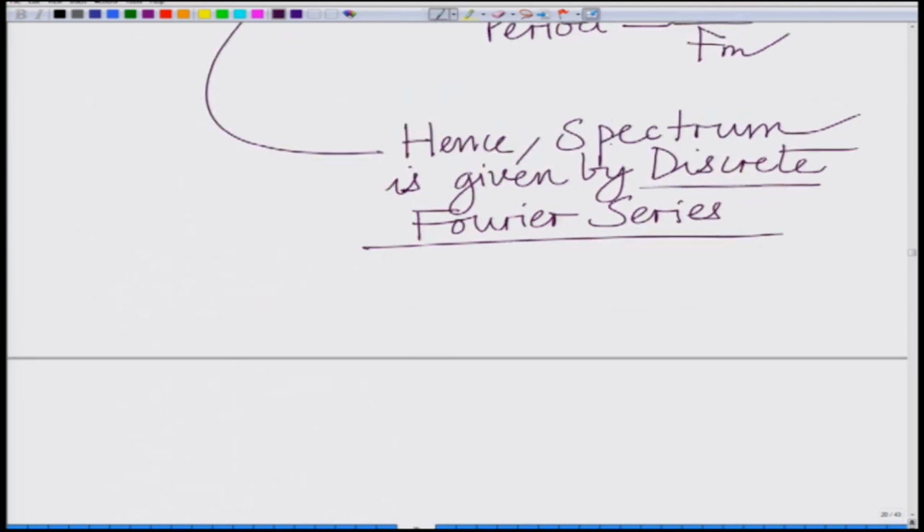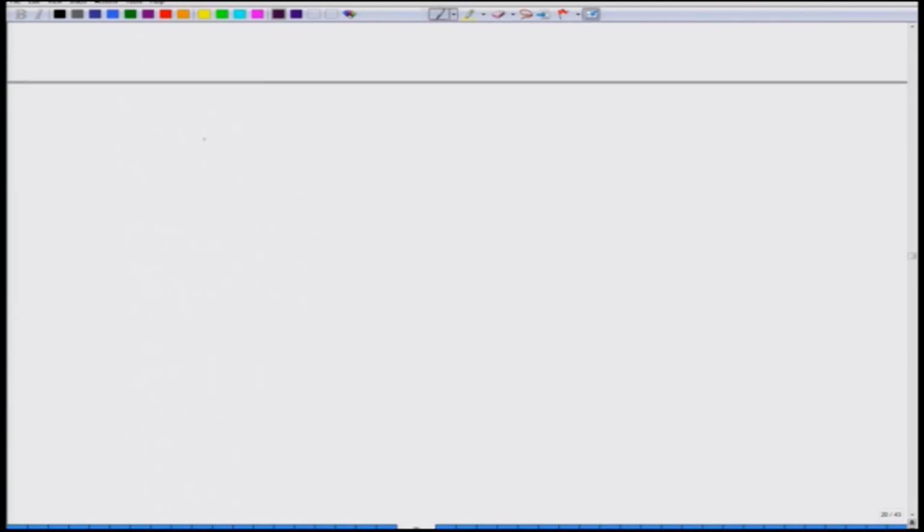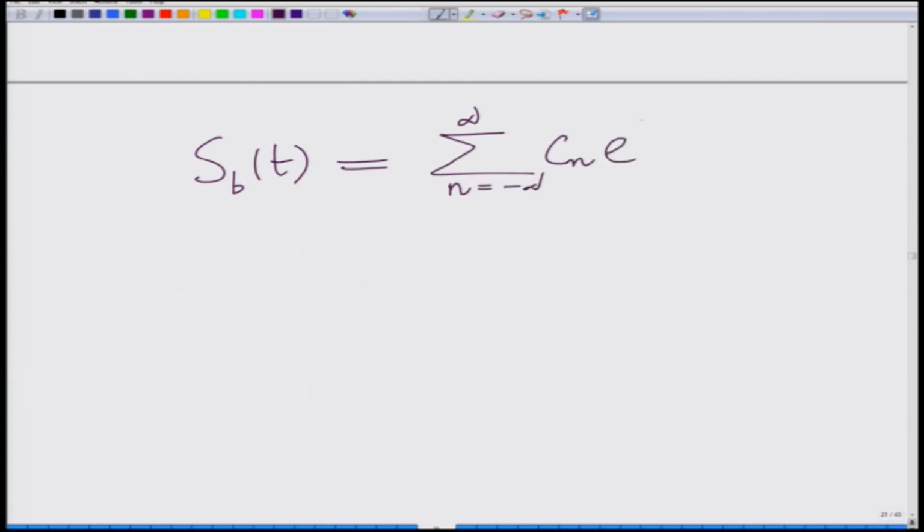In other words, I can write this signal, s_b(t), which is periodic, as a summation of the fundamental frequency and the harmonics, that is, sum of C_n e to the power of j 2 pi n f_m t. Remember, we already said f_m is the fundamental frequency.